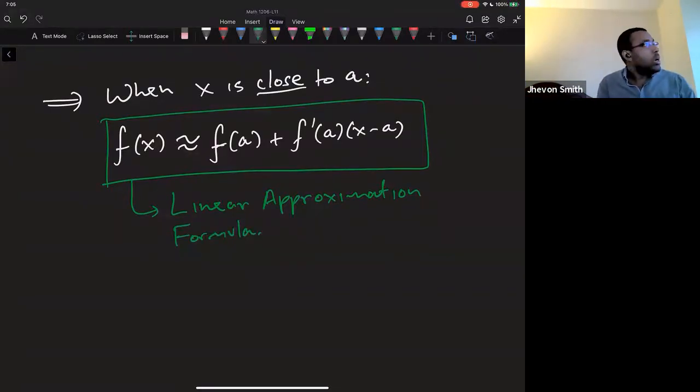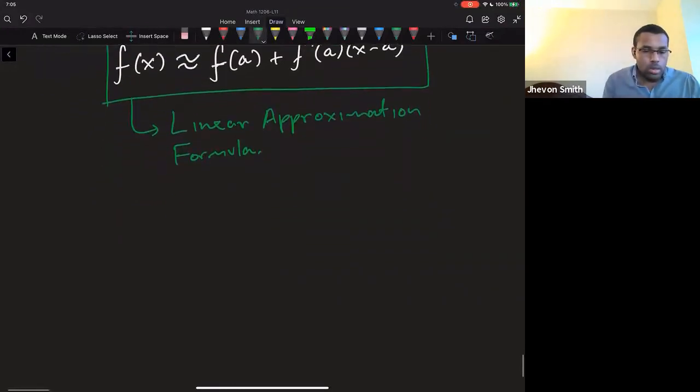Okay. This also leads to a formula called the linearization, but it's pretty much the same thing. I'll show you what that means.